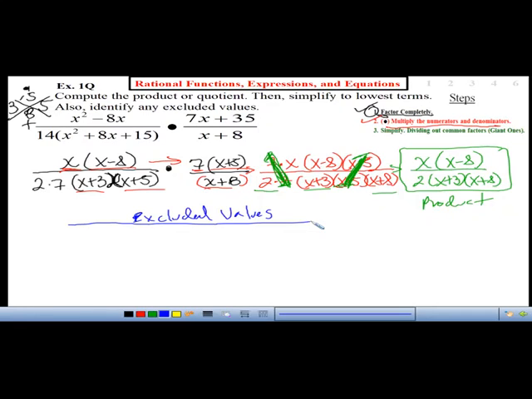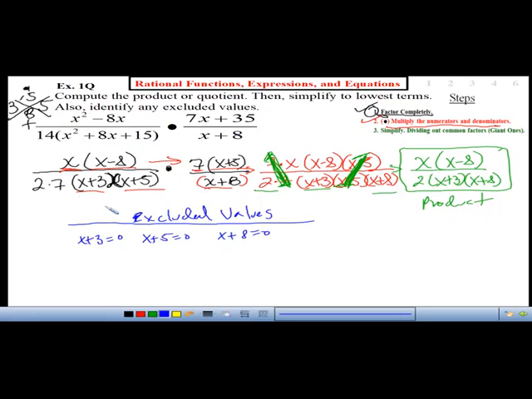So Chico, tell me what to write. x plus 5 equal to 0. Okay, x plus 5 equal to 0. x plus 3 equal to 0. x plus 8 equal to 0.